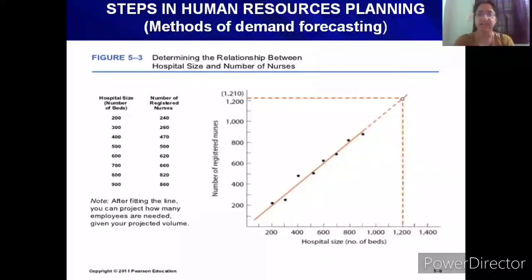So from this, we come to a conclusion that for 1,200, if I am enhancing the number of hospital beds, I will be required to appoint 1,210 nurses based on the data collected from other hospitals and based on what the scatter plot is revealing.